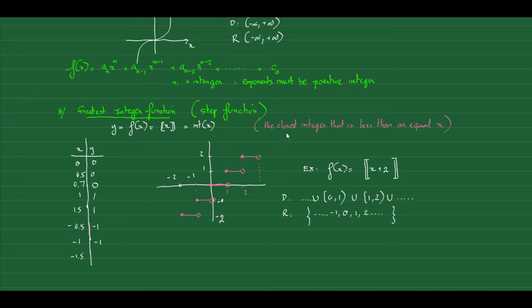You have a step function that goes all the way up and all the way down. That's why for the domain we have a bunch of different intervals, from 0 to 1, from 1 to 2, and so on. So I put a bunch of union signs right here. And the range will be all the integers: negative 1, negative 2, 0, 1, 2, 3, and so on.